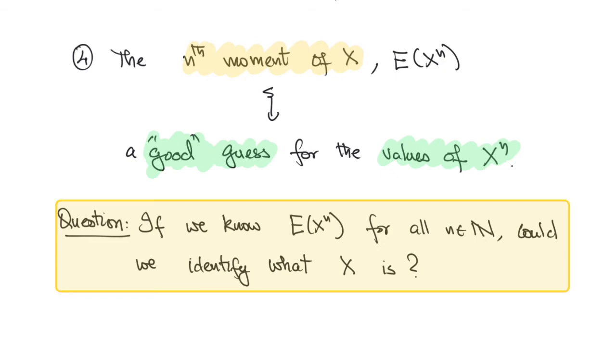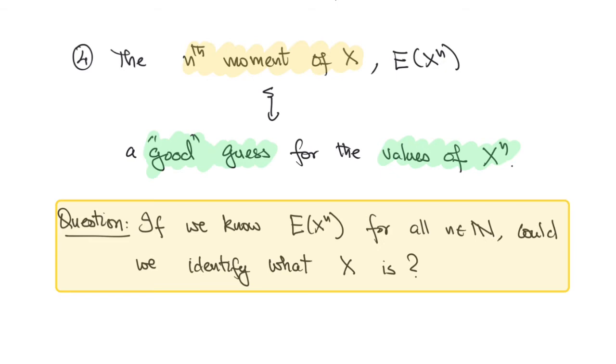Or, more plainly, could we identify the random variable X itself? Like most questions that we've been asking in the setting of these videos, it turns out the answer to this question is in fact yes.